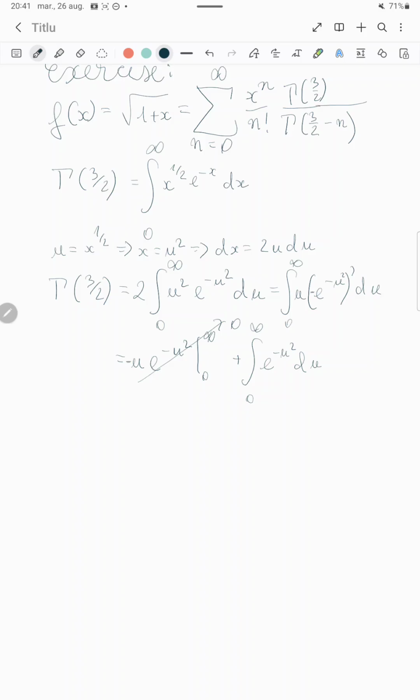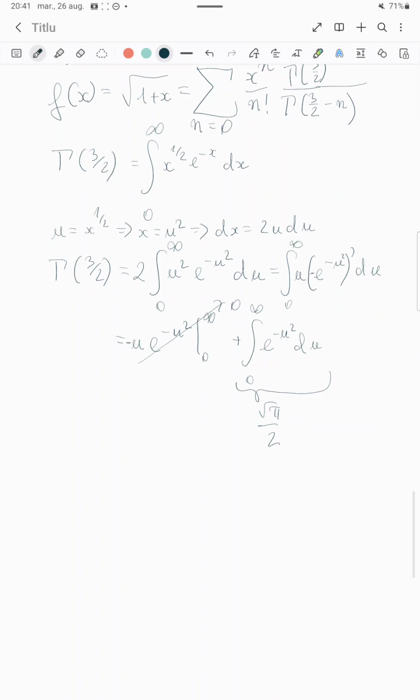Actually, I think we've calculated this integral at the live from Facebook, and the result was square root of pi over 2, if I'm not mistaken. So basically our gamma of 3/2 is going to be square root of pi over 2.